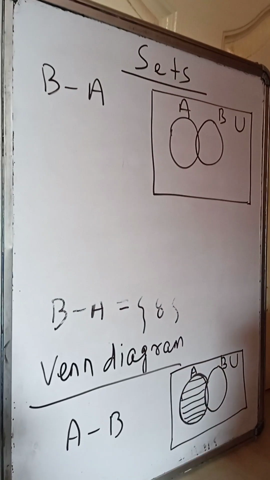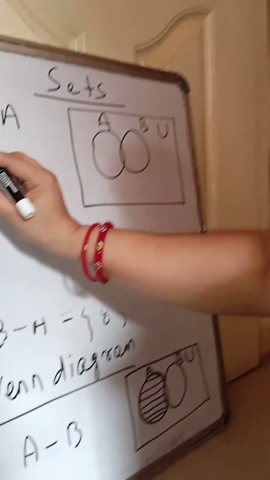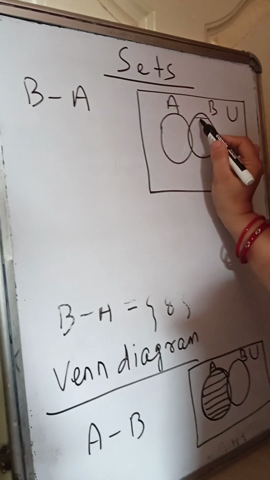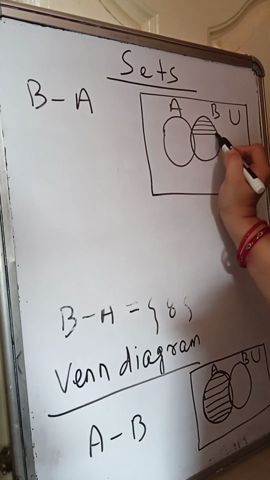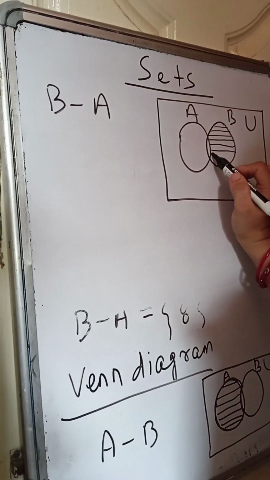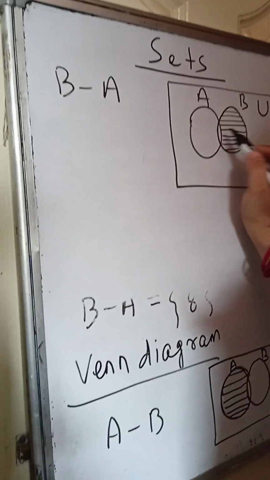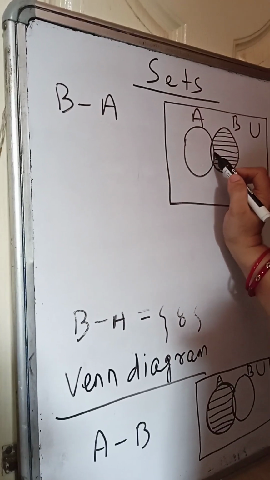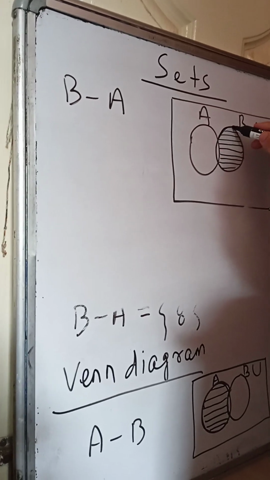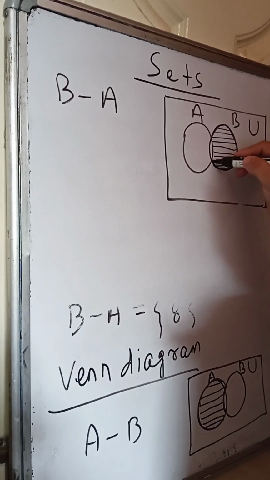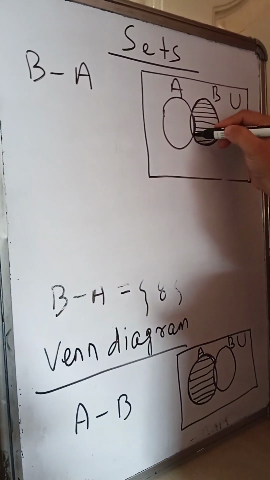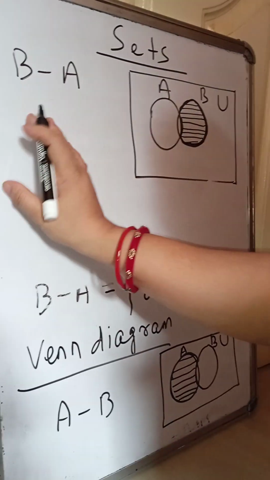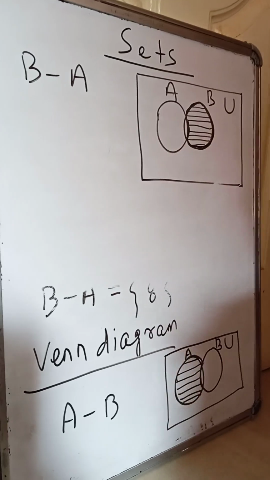B minus A. As per the definition, the elements of B but not in A. This part we will not consider because these are the elements of A. So only this part is our B minus A. So the shaded portion is our B minus A.